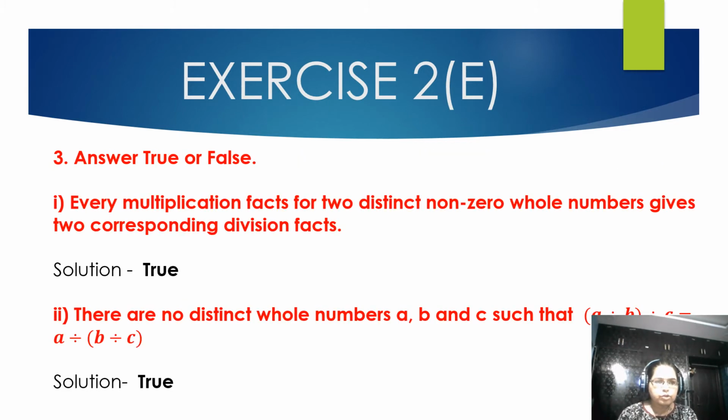Now we solve question number 3, and question number 3 is answer true or false. First bit is every multiplication fact for two distinct non-zero whole numbers gives two corresponding division facts. Suppose 2 multiplied by 3 equal to 6. We know 2 multiplied by 3 equal to 6.